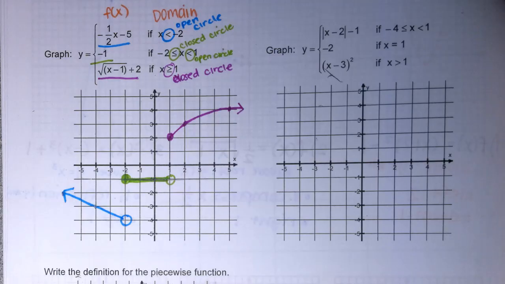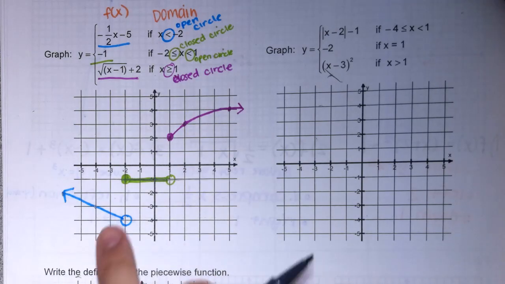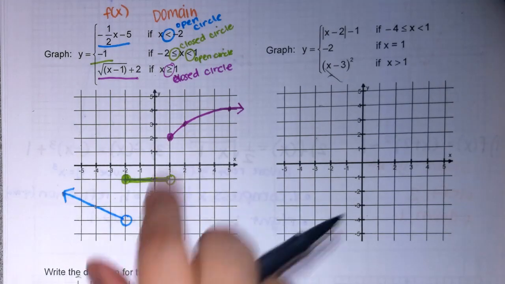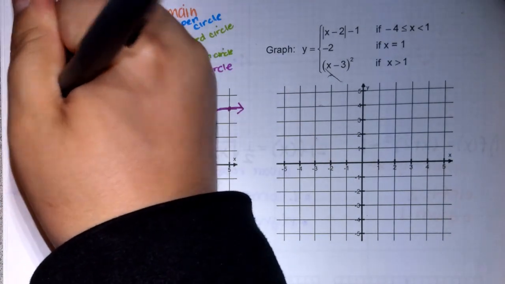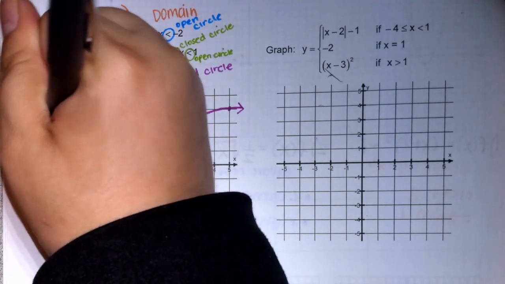Now, is this a function? Does it pass the vertical line test? Yes. Why? Because we have these holes, it passes the vertical line test. So yes, it's a function.